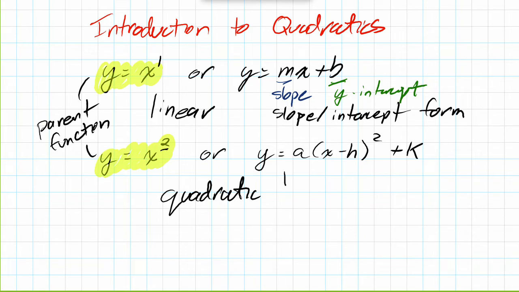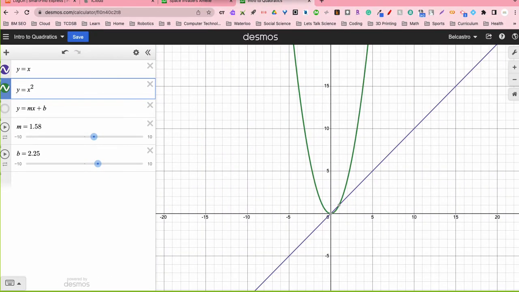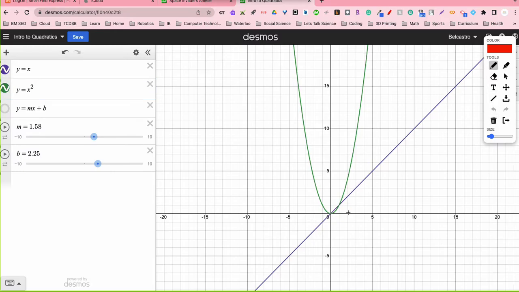This one here is called vertex form, which that word may not mean much to you, except maybe in geometry. But what I want to show you on a graph is there's something specifically called the vertex. And the vertex here, okay, the vertex is the lowest point. So down here, that's the vertex of this equation, okay?